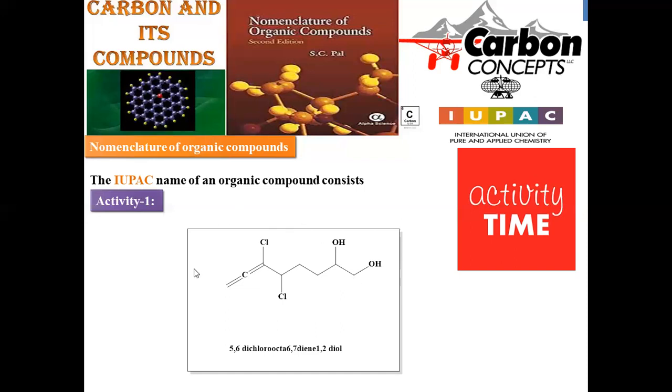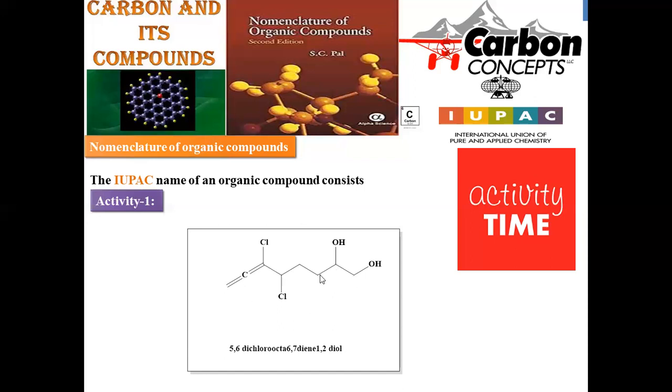1, 2 diol. Let us count the parental chain. 1, 2, 3, 4, 5, 6, 7, 8. Being 8 carbons, what will be the root word? Octa. 1 carbon meth, 2 carbon eth, prop, but, pent, hex, hept, oct. 8 carbons, it is called octa. Right.